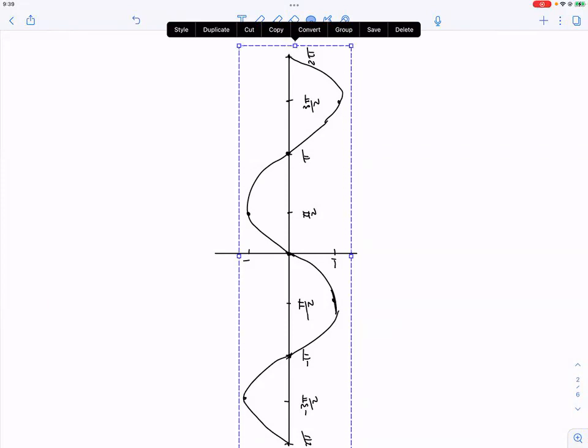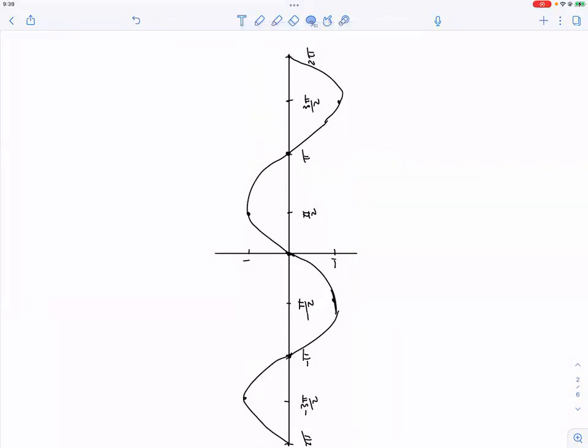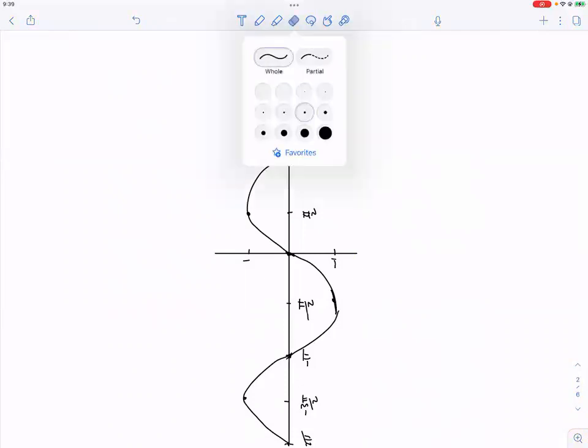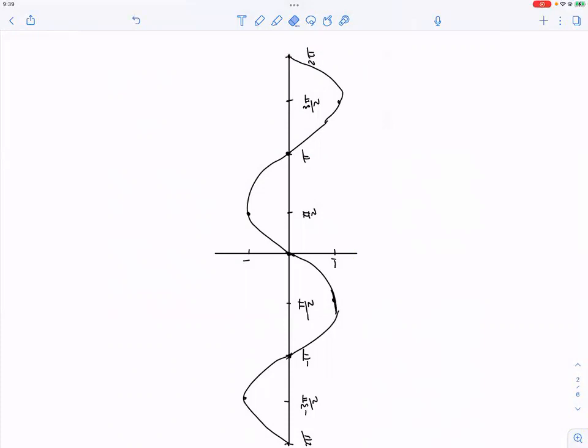Well, how on earth can we do this? If you want to make it one-to-one, you want to draw a vertical line that will not cut the graph multiple times. So just trim down the graph so that it won't cut the graph multiple times.